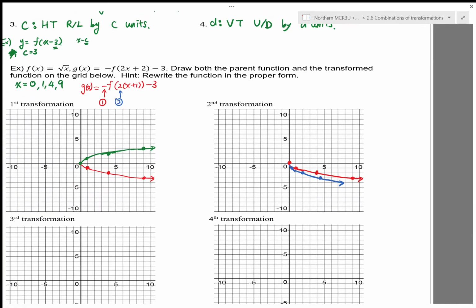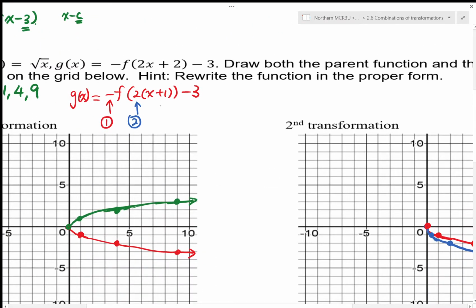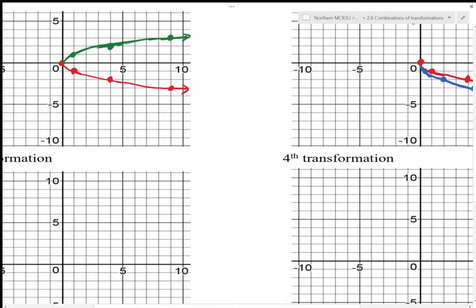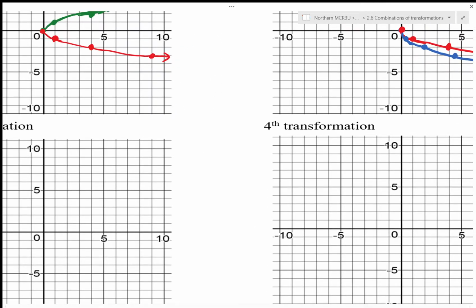Now the third one that we're going to do is the +1 in this case. This +1 is the c value of -1. Therefore, it will give us the horizontal translation to the left by 1. So let's draw the second transformation graph, where it is at 0, 0, 0.5, -1, 2, -2, then 4.5, -3.